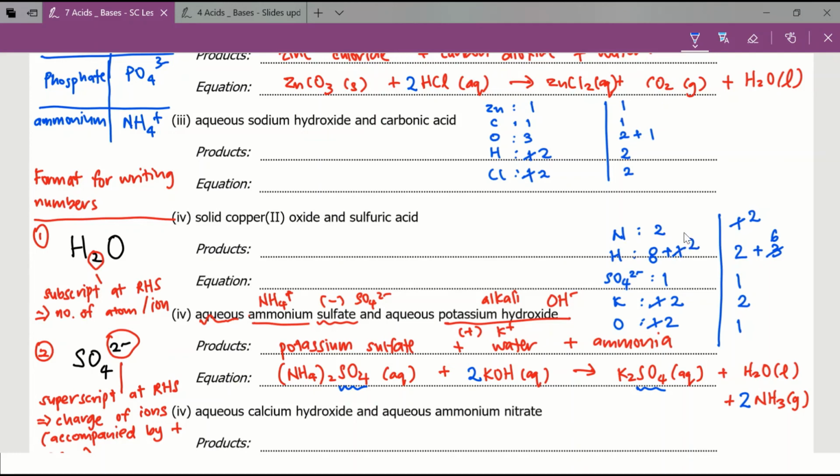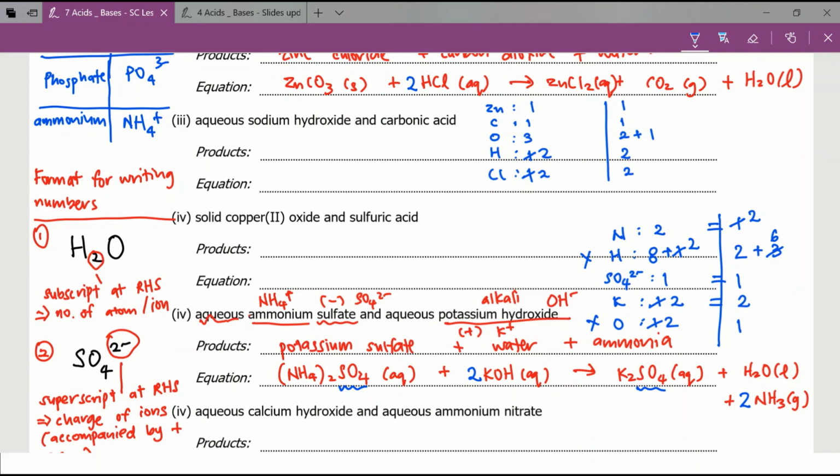Okay, so let's count. Nitrogen is balanced, right? I've got 2 and 2 nitrogen. Hydrogen, I've got 10, but on the right hand side I've got 8. So hydrogen is still not balanced yet. Sulfate, yes. Potassium, yes. And oxygen is not balanced yet.